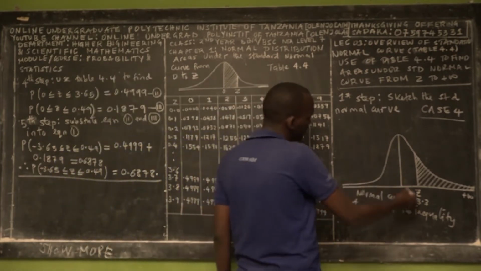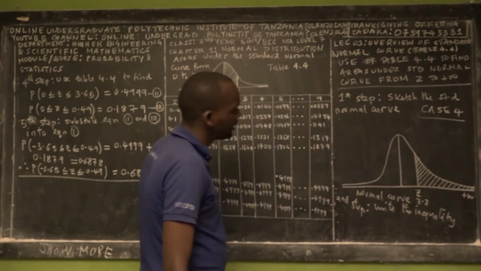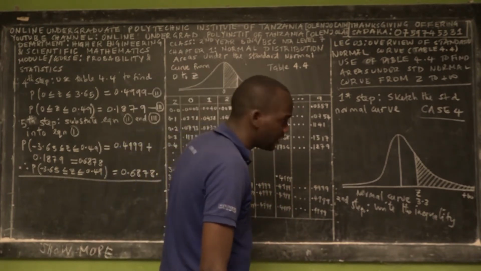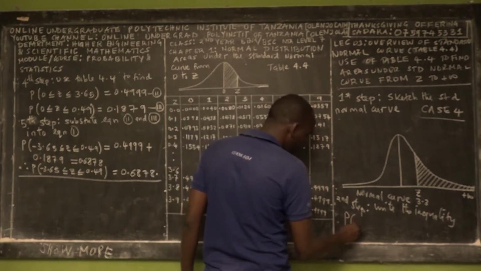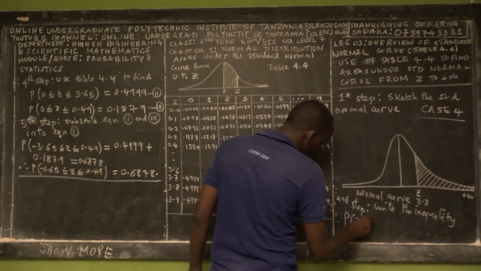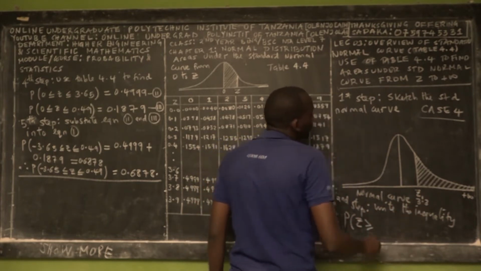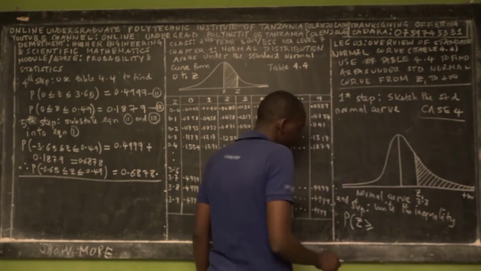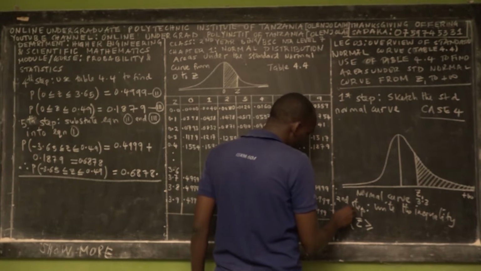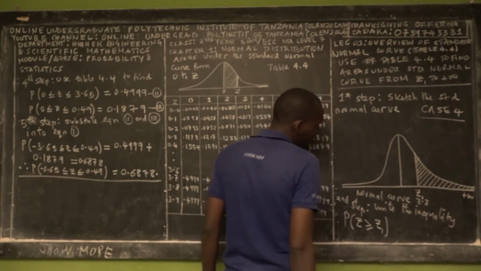This is the first step, implementations of the first step. The second step, we ask you to write an inequality. The inequality of this probability: we say that probability of Z greater than Z1, to distinguish Z1 from Z. So probability of Z greater than Z1.